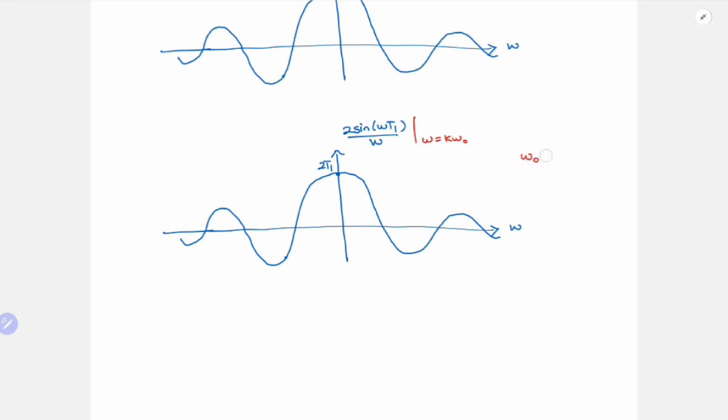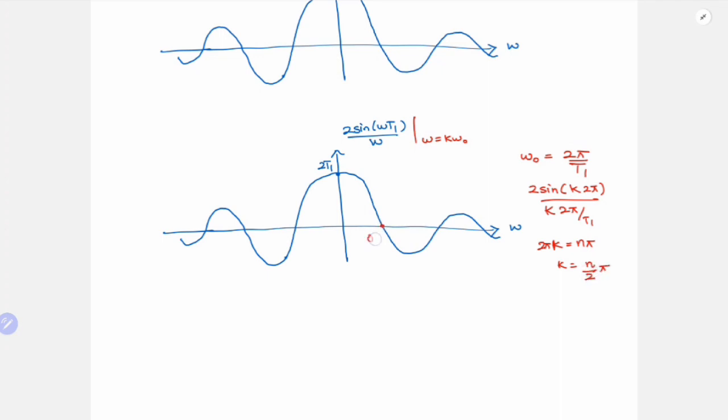If I take omega naught equal to 2 pi by t1, then this expression will be 2 sine of k into 2 pi by t1. So at 0 the position will not change, but it will go to 0 when k times 2 pi equals n pi, which is nothing but k equal to n by 2.